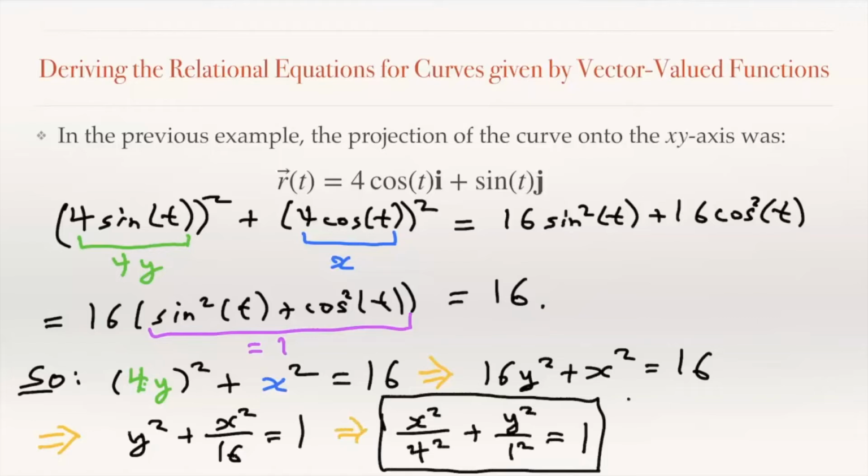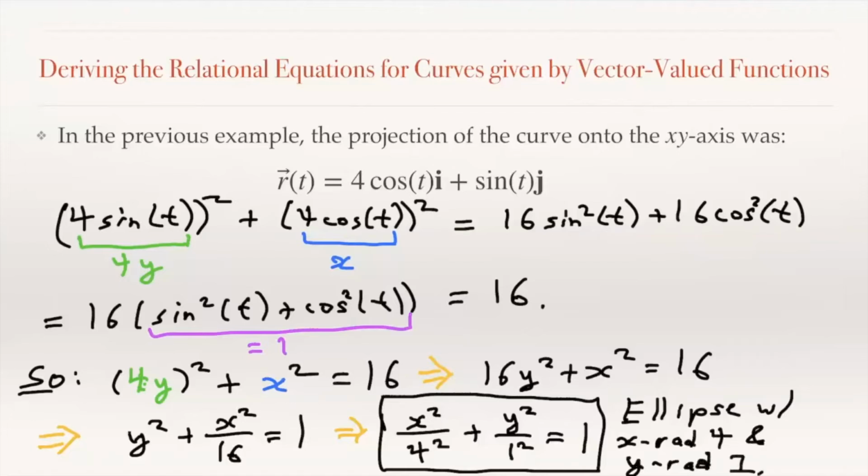And that, as you'll recall from our review of ellipses, is an ellipse with x radius 4 and y radius 1. And that is exactly what we got before from plotting it. Except now that we've proved that it is indeed that ellipse.